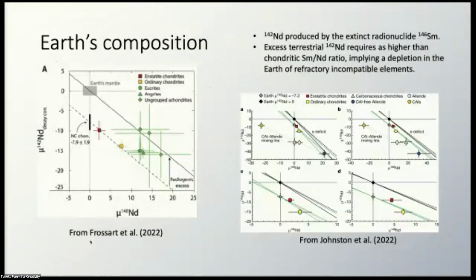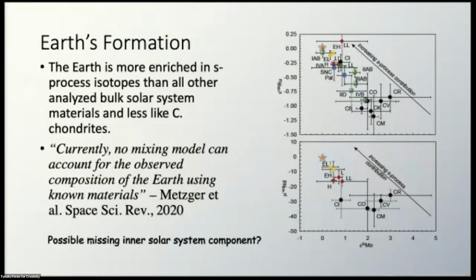The question is, is there a possible missing inner solar system ingredient? So a suggestion for the next Hayabusa mission might be to look for something that looks more like Mercury than carbonaceous chondrites. We're missing something.